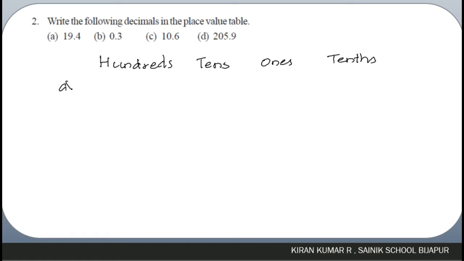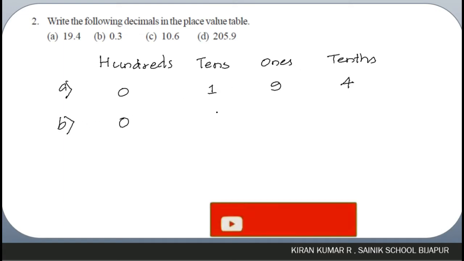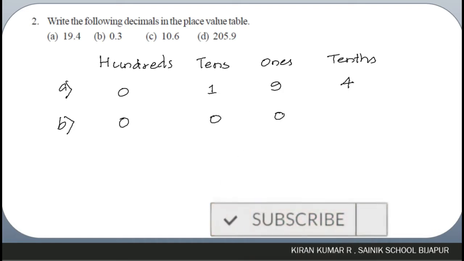In the first one, we have got no hundreds. There's 1 tens, 9 is at ones place, and 4 is at tenths place. In the second one, there are no hundreds, there are no tens, there are no ones, only the decimal part is there. Tenth is 3.